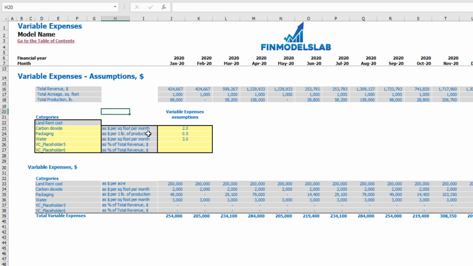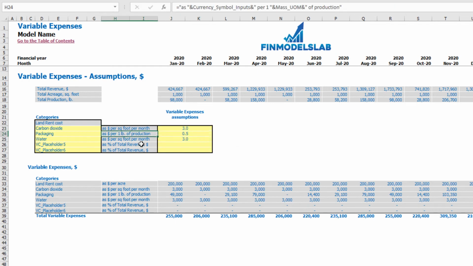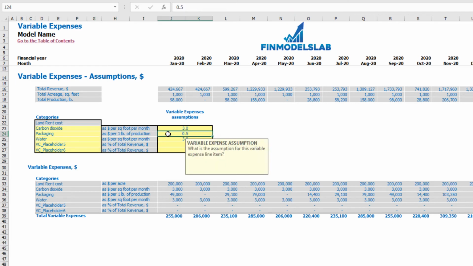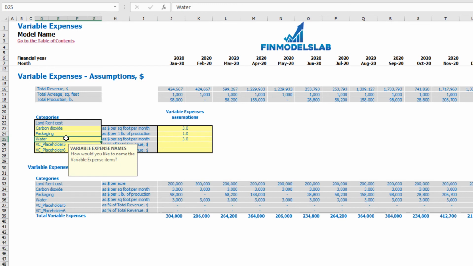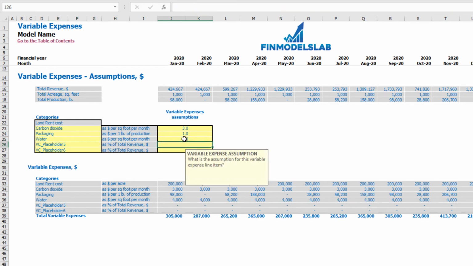And you have 4 different types of how you would like to calculate it. As dollar per square foot per month, which can be changeable also, 3 for example. As dollar per 1 pound of production, for example for packaging, can be $1. As dollar per square foot per month, which can be 4.